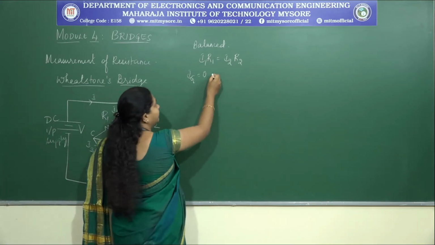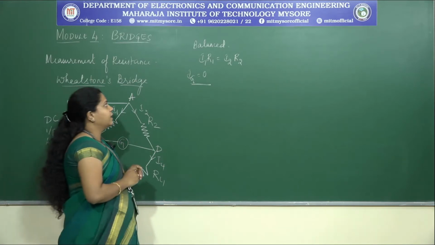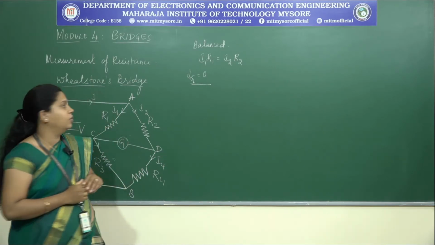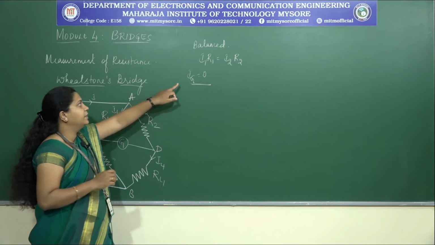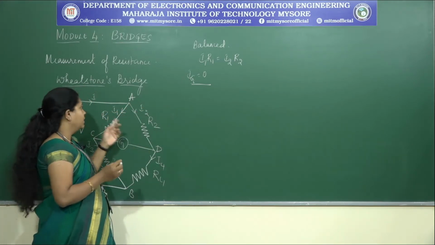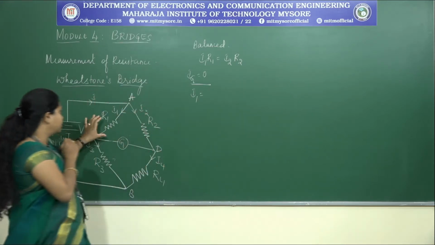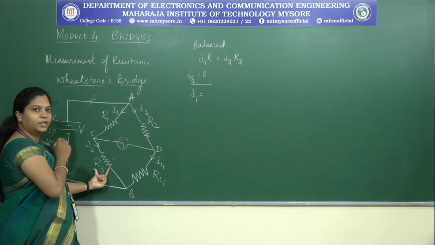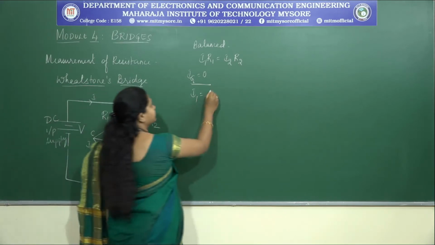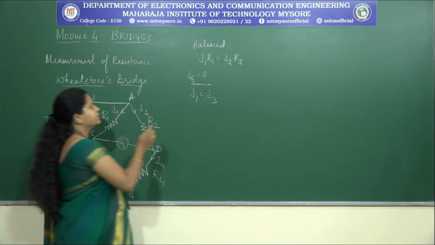So when the galvanometer current is 0, the following conditions have to be satisfied. The current I1 of the arm R1 and the current of the arm R3 must be equal. Yes, it should be the same current.